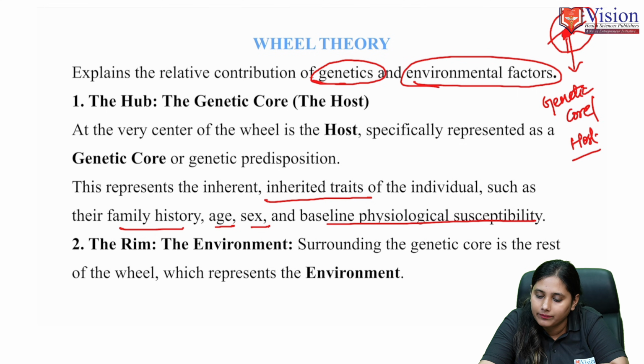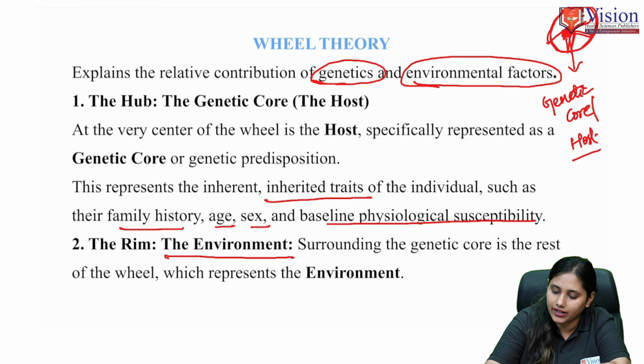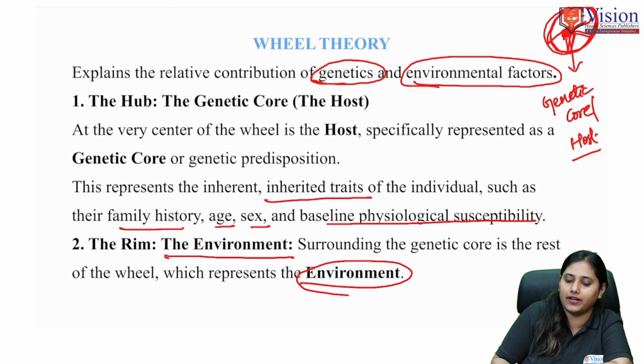And there is a rim, the surrounding part. The rim stands for the environment. Surrounding the genetic core is the rest of the wheel, which represents the environment.